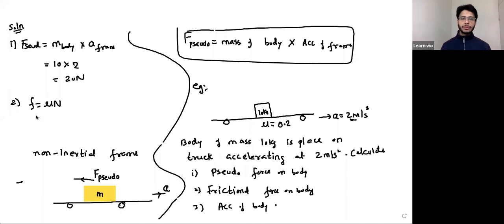So F is equal to mu N. Your mu is 0.2. And the normal reaction, the weight, is 10 g, which is 10 into 10, which is 100 Newton. So 0.2 into 100 is 20 Newton.